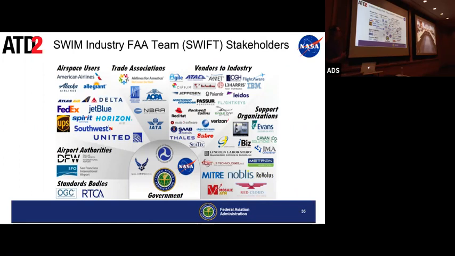And what you can see here is there's a significant number of users for this SWIM data, whether that be airlines, government organizations, vendors, trade associations, or some type of support organization. And so there's this whole community out there that is just now getting access to this digital data that's in the cloud. And everybody is really excited.